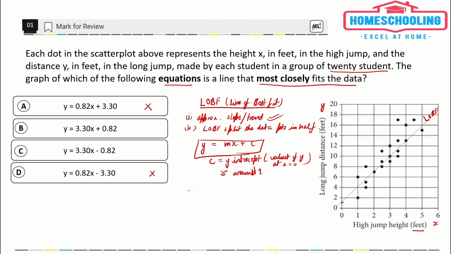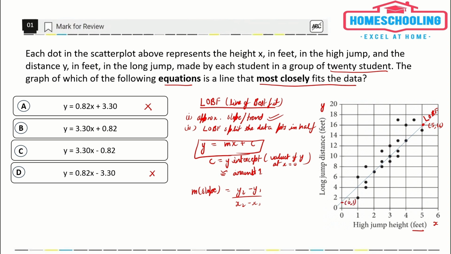Now let's find the slope. The slope m is equal to y2 minus y1 divided by x2 minus x1. Let's take two points on the line. Let's take this point, 5 and 16, and one more point here, 0 and 1.